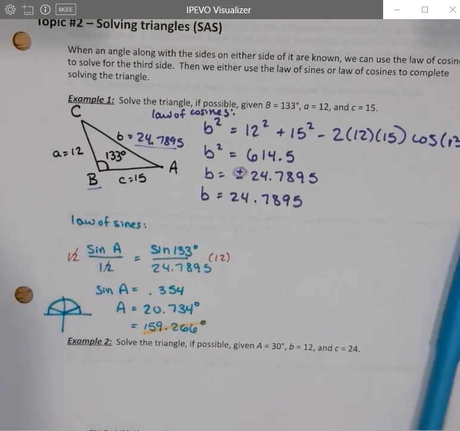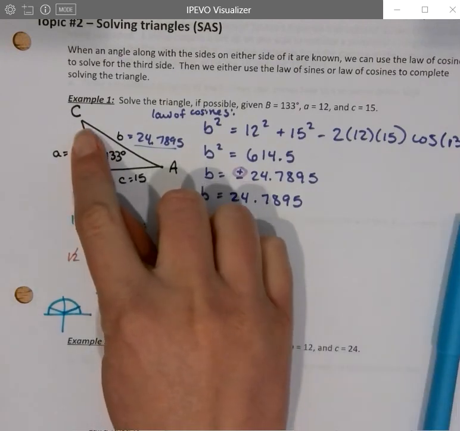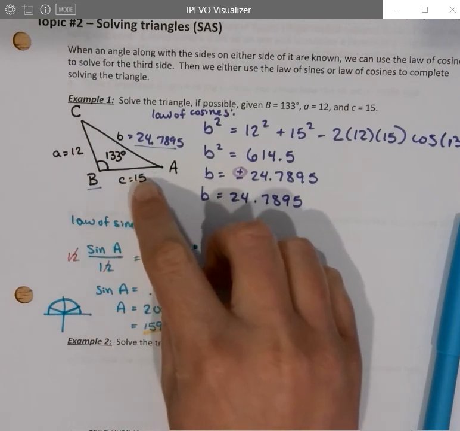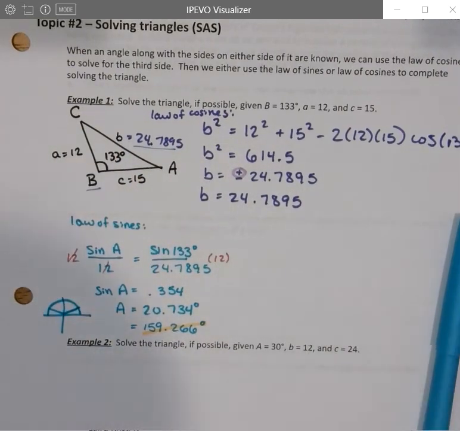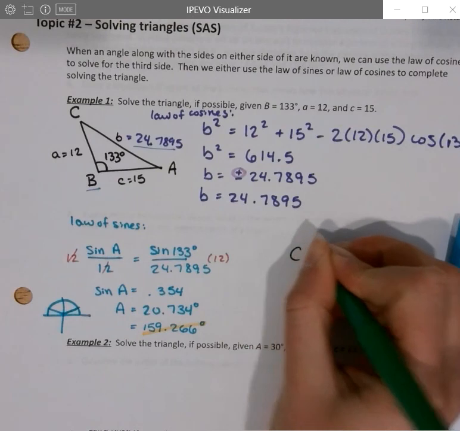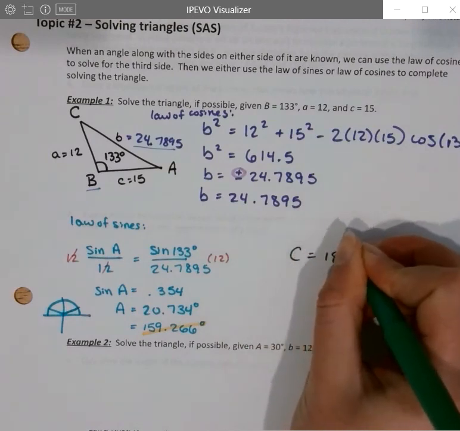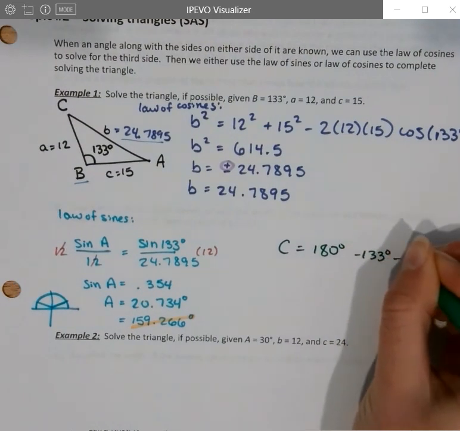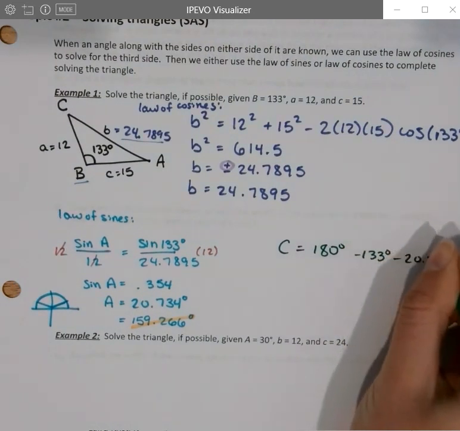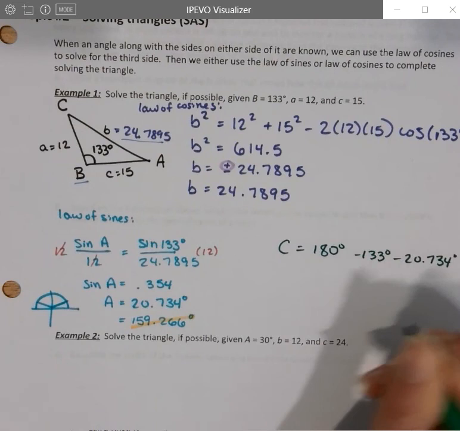And then we have another choice to find angle C. We could do another law of sines, or since I have two angles now, it makes the most sense probably to just subtract from 180 to find it. So for our last piece that we need, angle C, we'll just find it with 180 minus the 133 minus the 20.734 degrees.